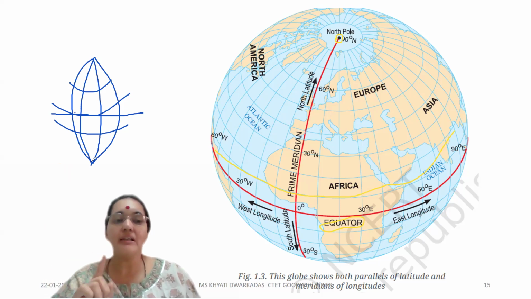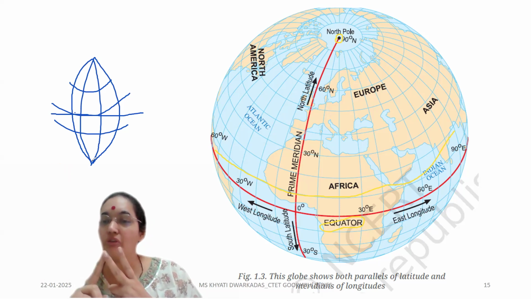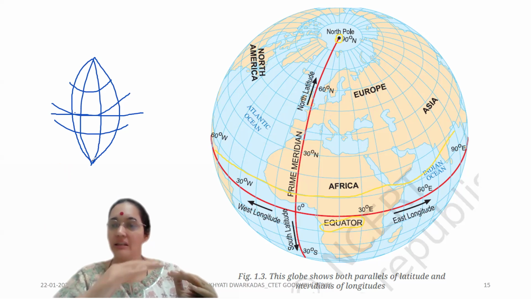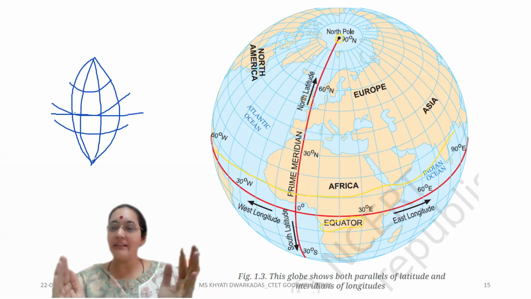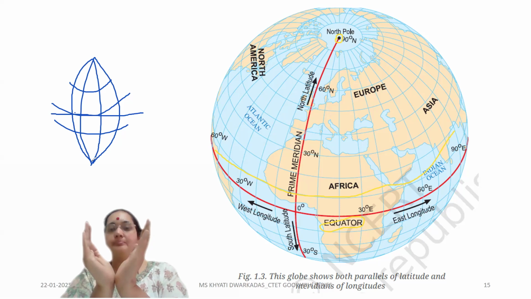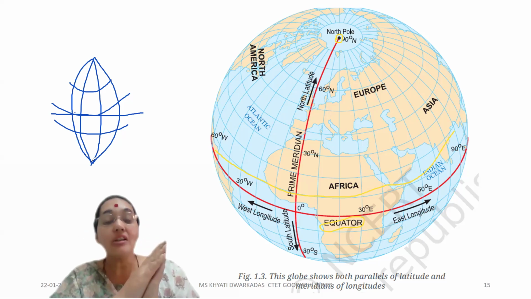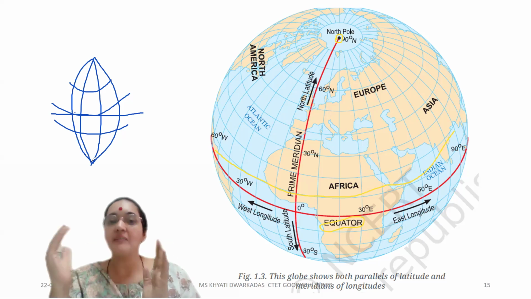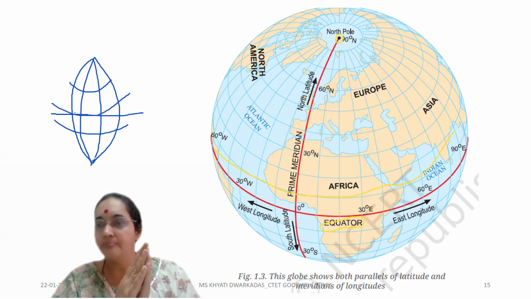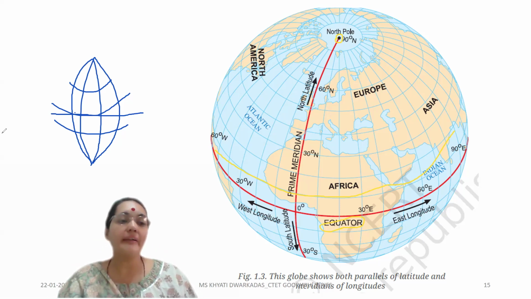And all lines of latitude and longitude are curved lines, whether they are lying, sleeping, or standing. The standing lines will have a bulge like the globe. Right? What is the shape of the globe? It is spherical in shape, a sphere, but it is called a geoid. Why is it called a geoid?